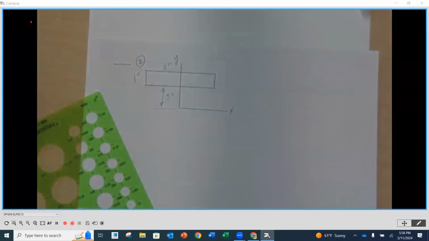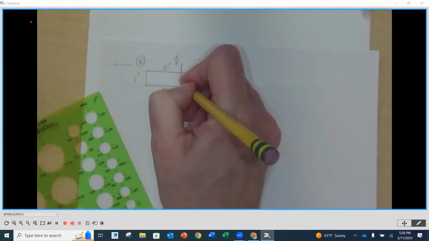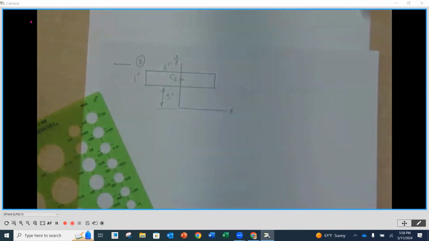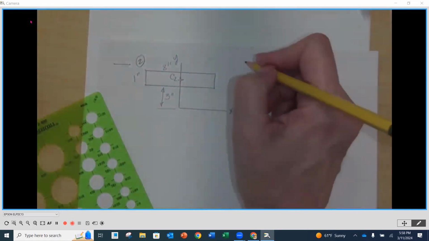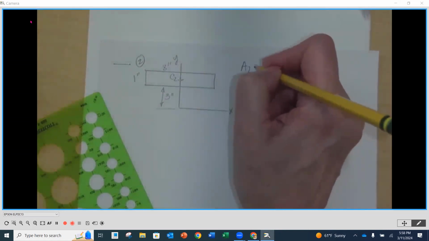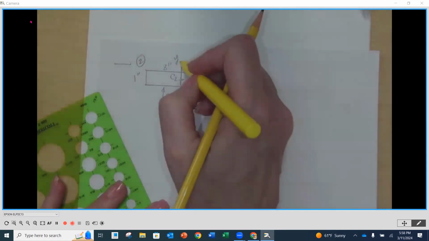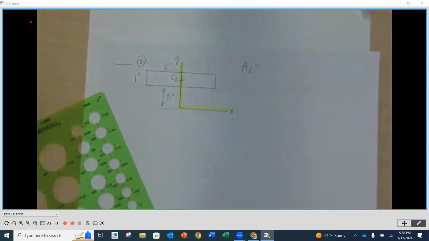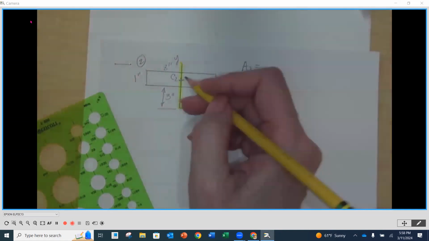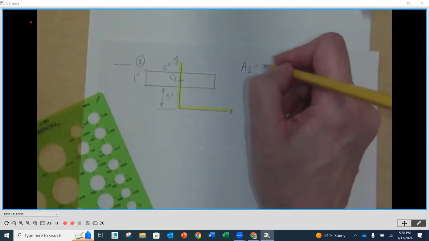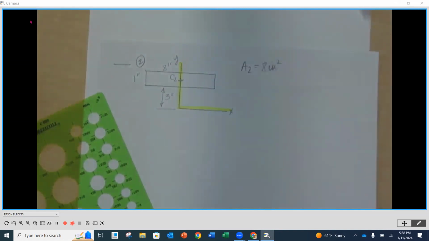I was remembering 8 inches across. So our centroid would be right here, right? Our centroid number 2. So our area number 2 is going to be 8 times 1. There's my 8 inches squared.